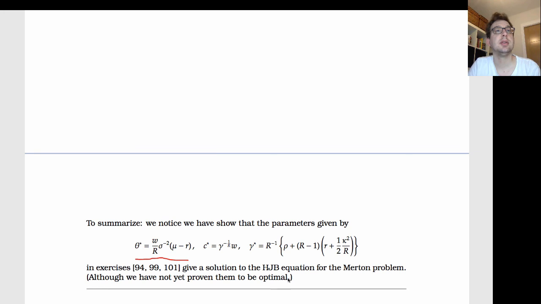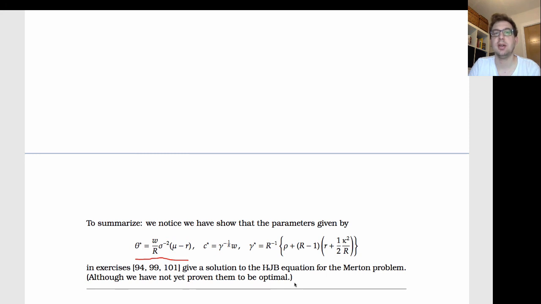So we've proven that this is a solution to the HJB equation, but we haven't quite done all the mathematical bookkeeping, as in we'd need to really prove that this actually is an optimal solution. In a more applied setting, I'd say, well, you solved the HJB equation, so you've probably got an optimal solution. But if we're going to be really mathematically rigorous, then we need to prove this.